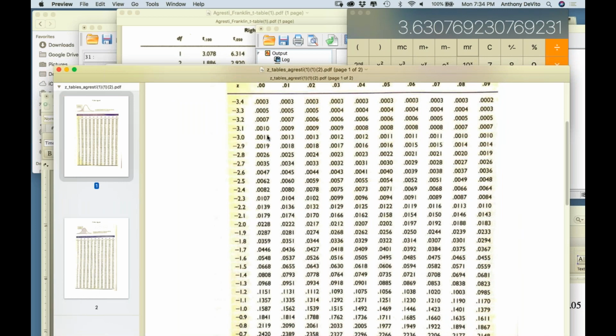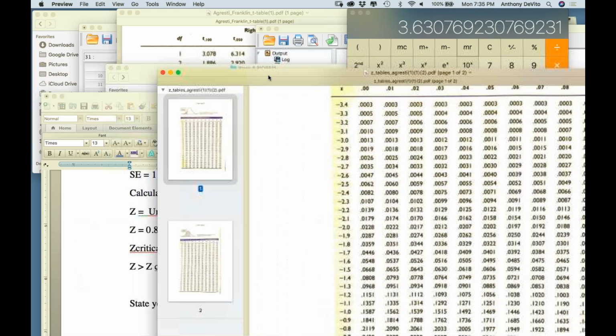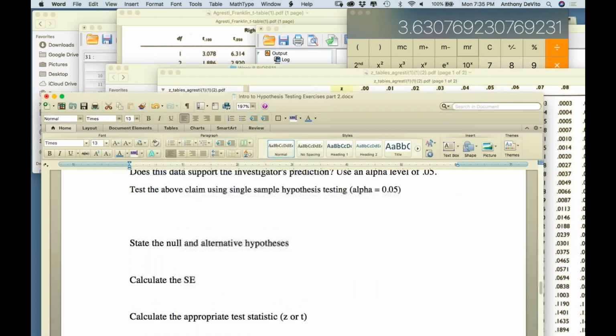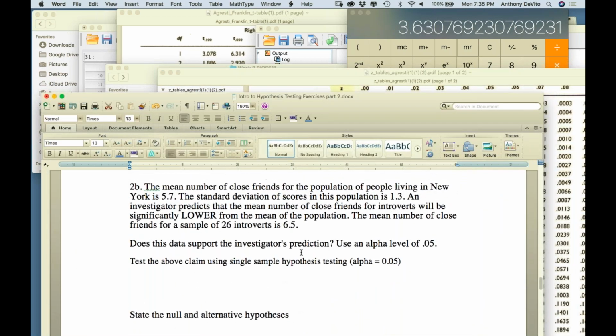Since I always have to be worried about the probability of being wrong on one end, I have to do the same thing on the other end. So it'd really be 0.2%. It would be the probability that we would be wrong if we reject the null hypothesis. Since we have the Z table, we can look up the likelihood that we get that extreme a value with Z scores of 3.